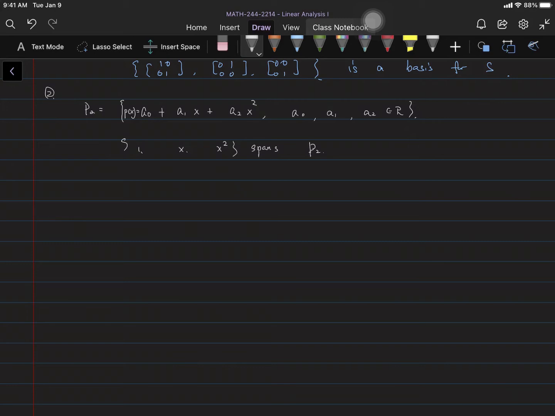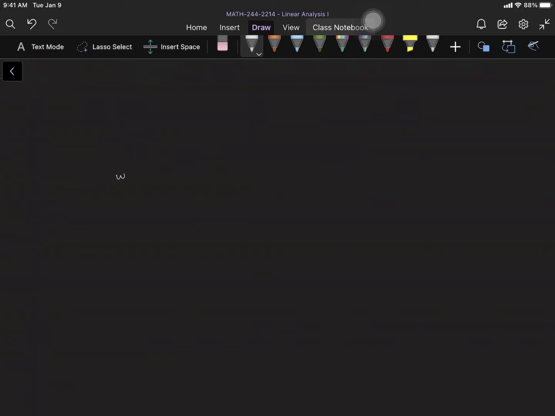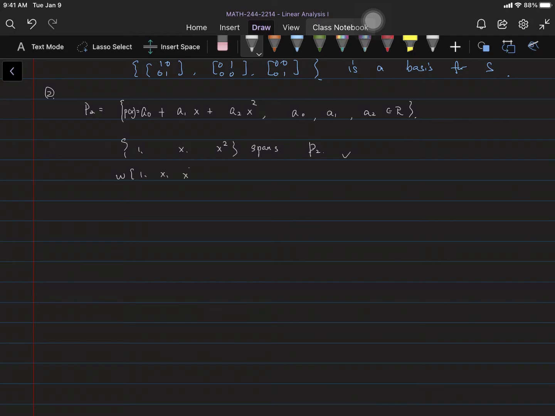Next, we want to see if this is a basis or not. So we just need to test if it is dependent or independent. And these are functions. In 4.5, we learned how to test dependent or independent for functions, right? So which way do we do it? We do the Wronskian. Do you still remember this one? It means the determinant of this thing. So 1, 0, 0, derivative 1, and derivative 2x, here's 2.